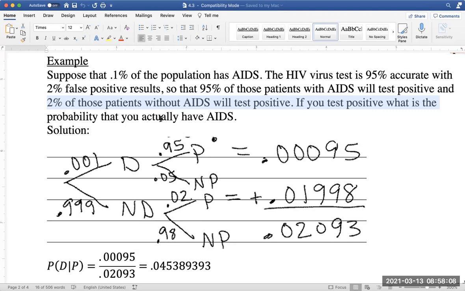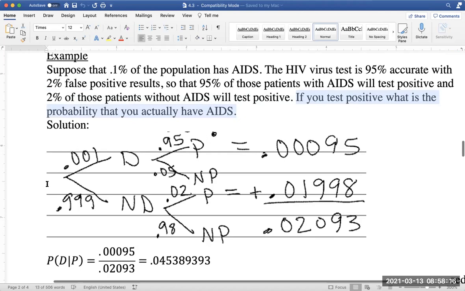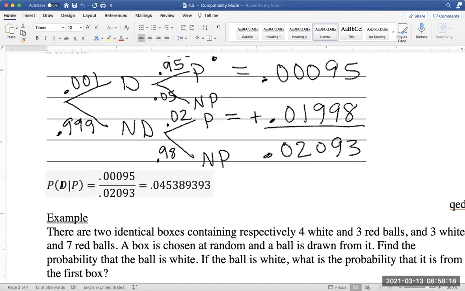So let's figure out the probability that if you test positive, you'll actually have the disease. So what's the probability that you have the disease given that you tested positive for the disease?